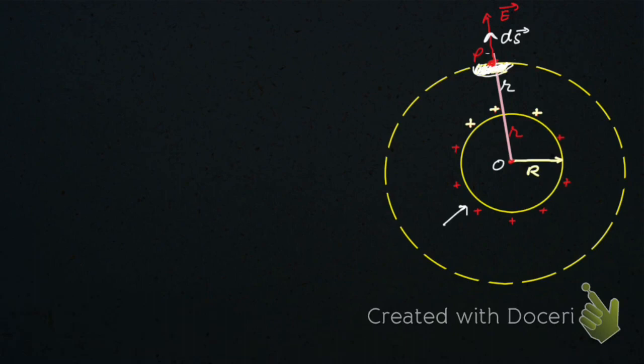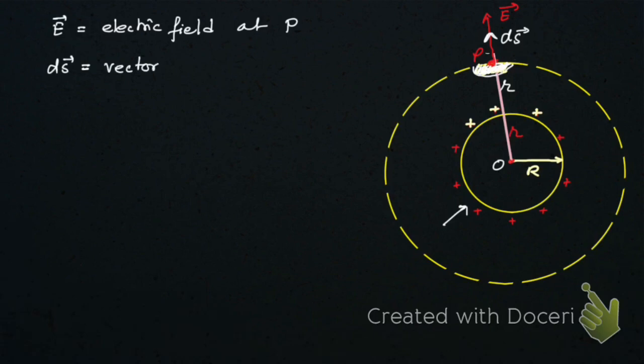So here E is the electric field at P, and dS is the area vector, normal to the small area element.